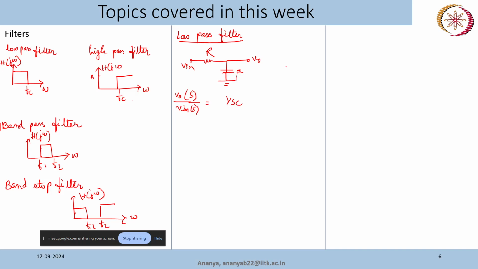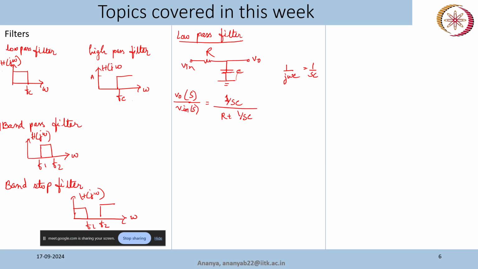A capacitor is 1 by j omega C, which is equal to 1 by SC. I am not writing the current part because that cancels out. V in, using KVL, Kirchhoff's voltage law in this loop, is equal to the current in this loop multiplied by R plus 1 by SC. Again that current will get cancelled.